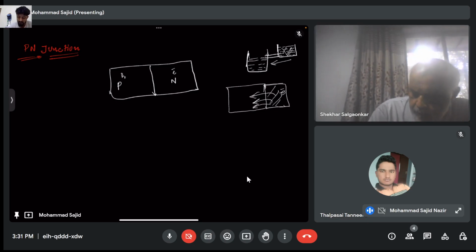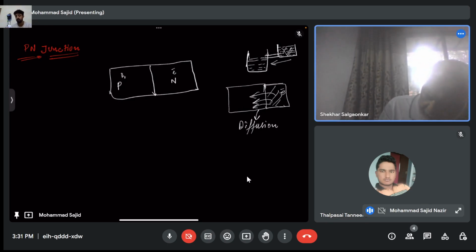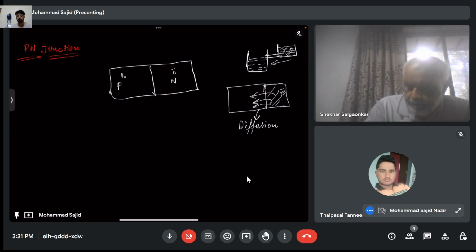What is this process called? Diffusion. You must have seen when you use a deodorant, the smell diffuses. The same thing happens here. It finds a space here.